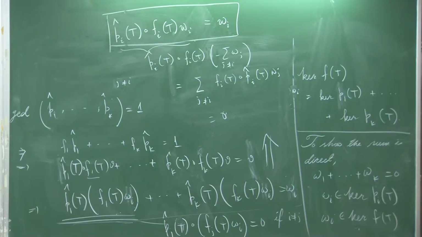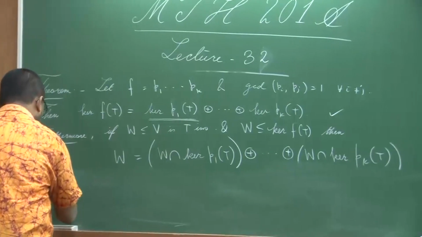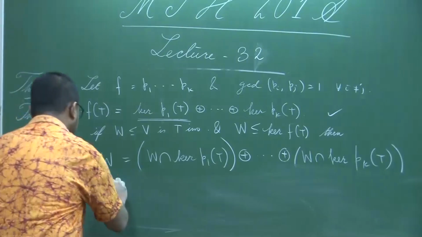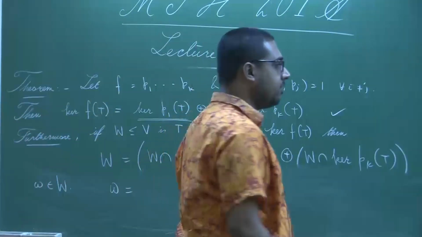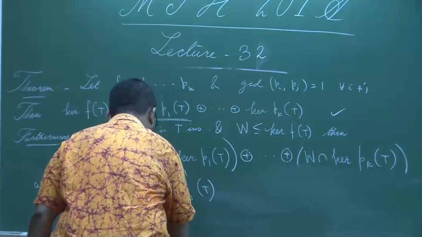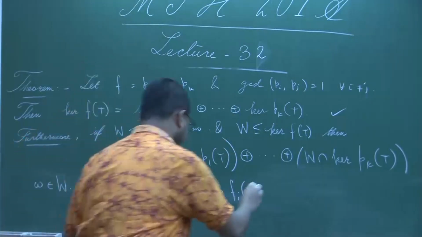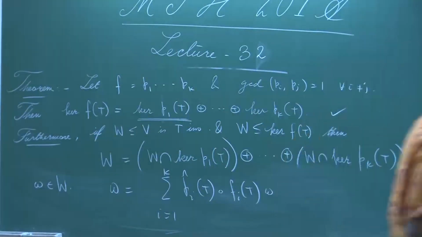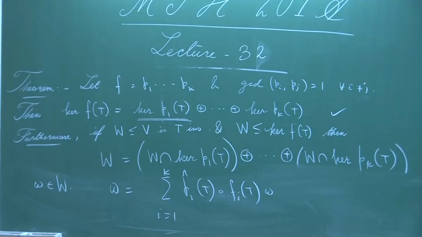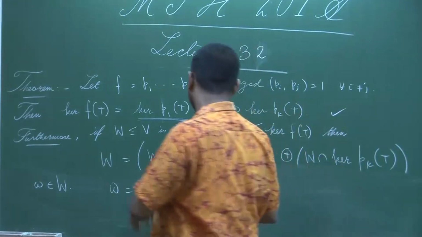So, this part we have proved. Now, let us come to this part. If W is a T invariant subspace inside the kernel, then we have already proved for any V that the summation of P_i composed with f_i(T) gives V. Earlier we proved this for any V in the kernel, and we know that given W, these are the unique elements from this direct sum.